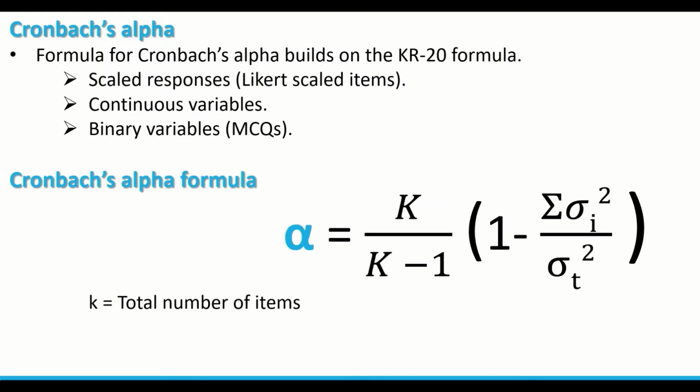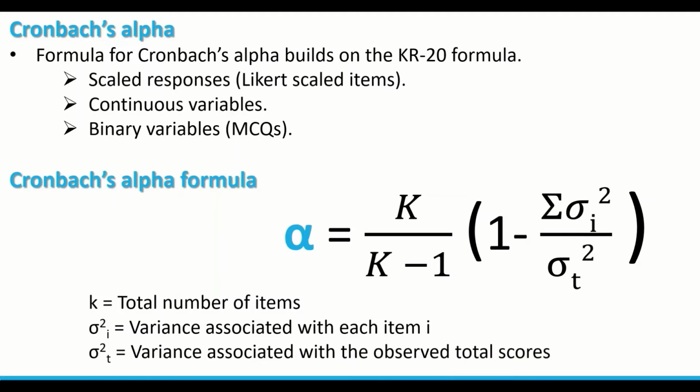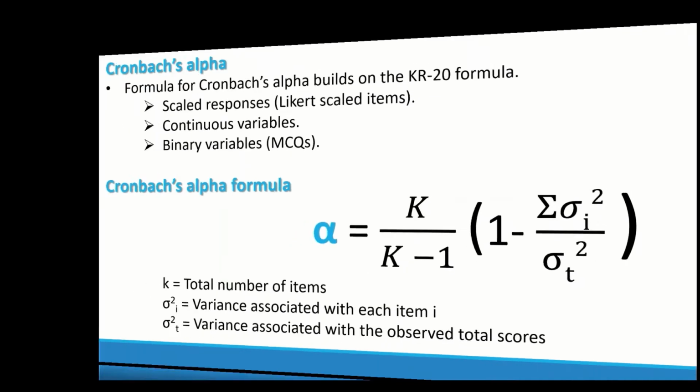From this formula, k represents the total number of items, the variance i represents the variance associated with each item, and the variance T is the variance linked to the observed total score.